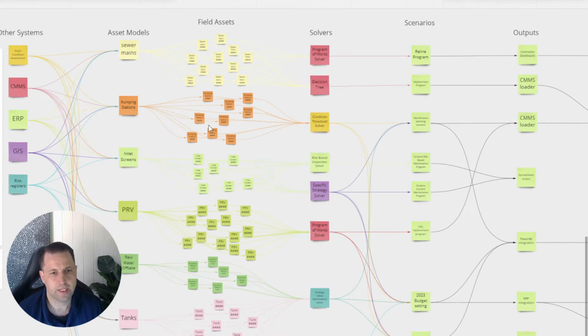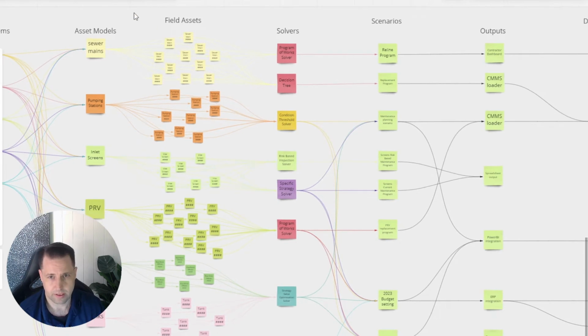Okay, so once we combine our level 1 information and overlay on top of that our current understanding of the asset, or the level 2 information here, we can start to understand the specific assets that we have out in the field, which brings us to layer 3, the field asset representation.